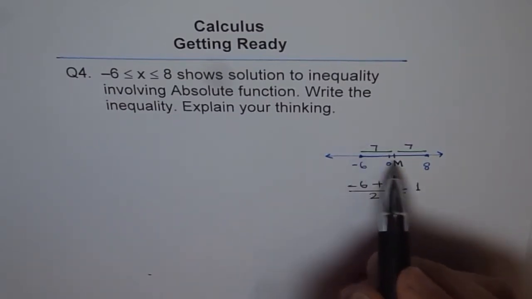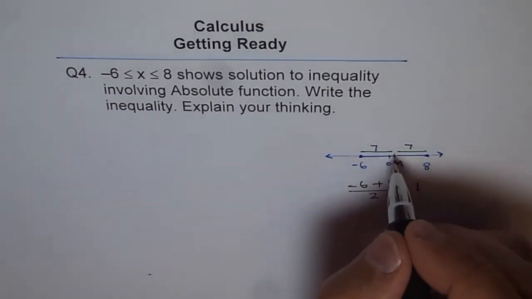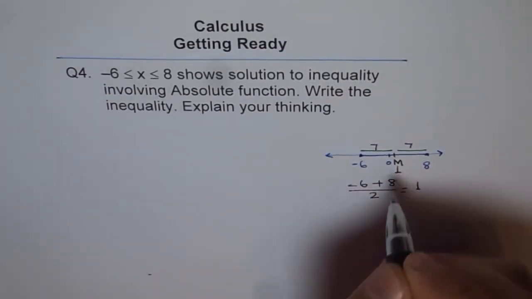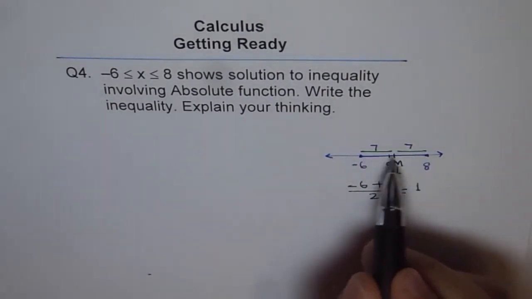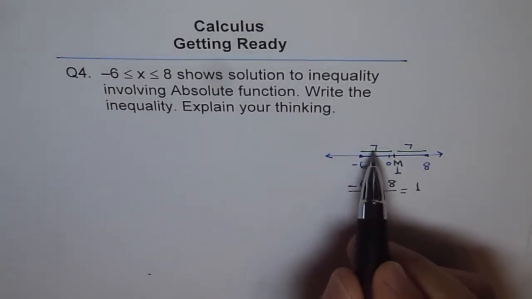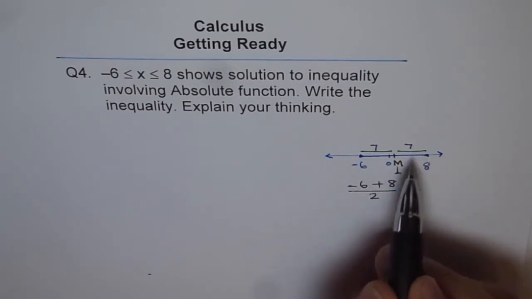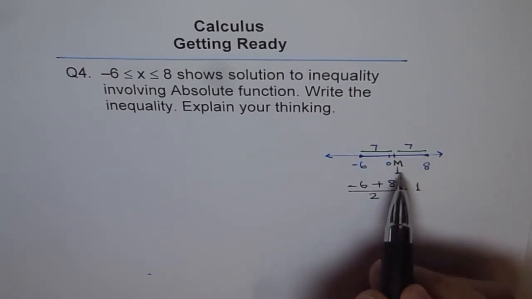So we have an absolute function now whose vertex is at 1. So this point is 1. So the vertex is at 1, and our interest is within the range of 7 away from 1. Do you see that? So that is the solution.